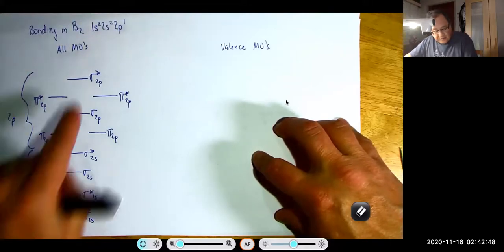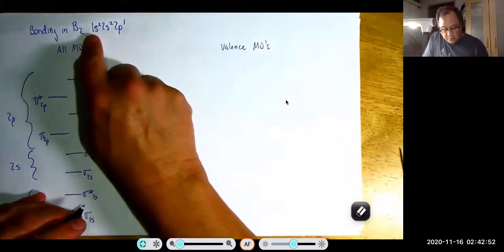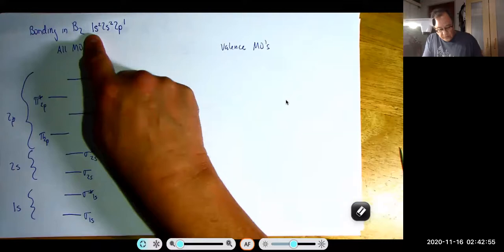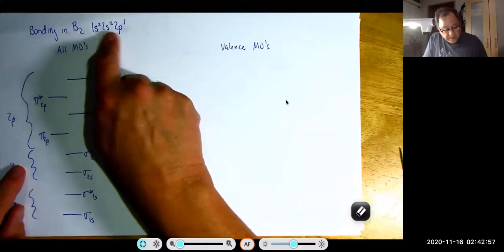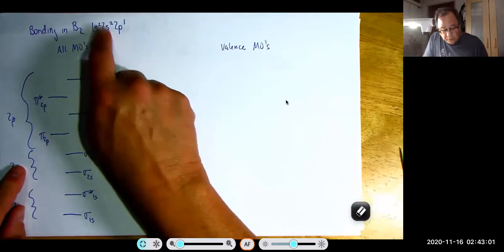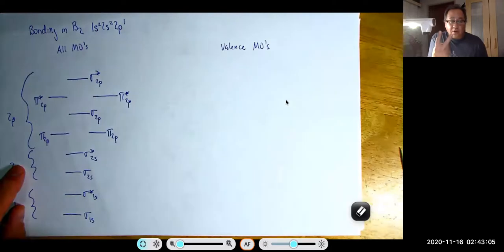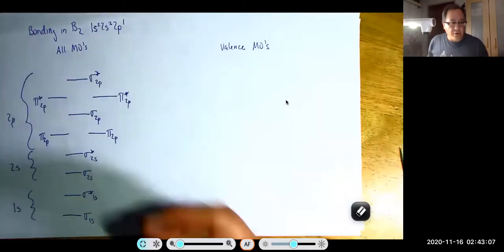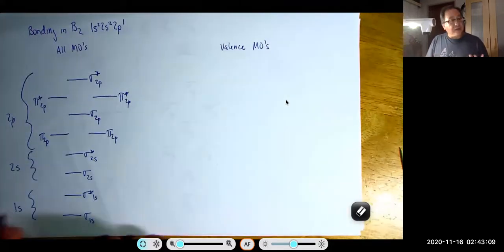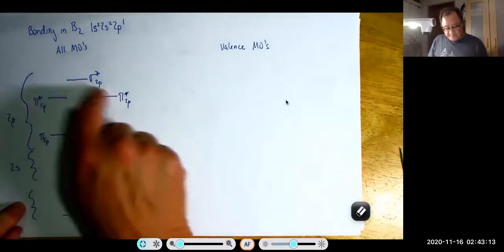So you're going to have 1 atomic orbital from this one, 1 from this one, and 3 from that. So you've got a total of 1 plus 1 plus 3, 5 atomic orbitals. But since you have 2 borons, you're going to have 10 atomic orbitals total. And so that means you'll end up with 10 molecular orbitals. 1, 2, 3, 4, 5, 6, 7, 8, 9, 10.